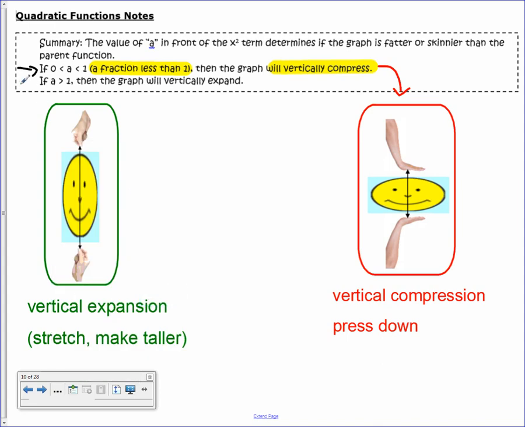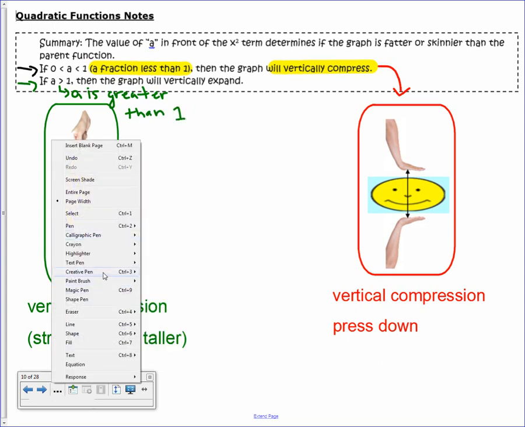Now looking here at the last sentence, it says if A is greater than 1, the graph will vertically expand. And what we can do right here is write out that means A is greater than 1.